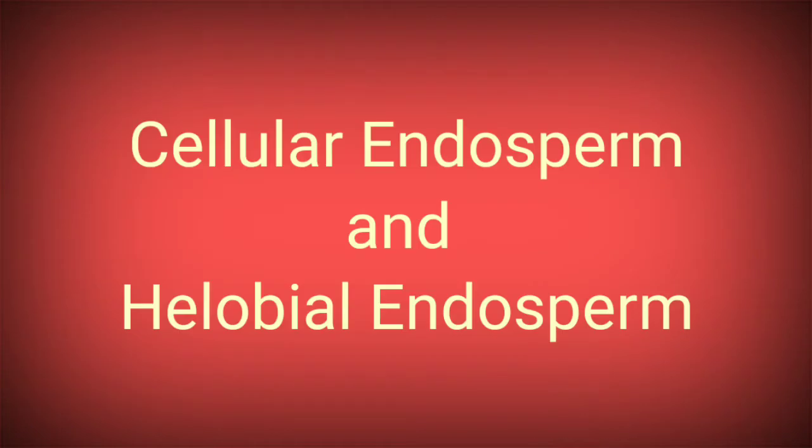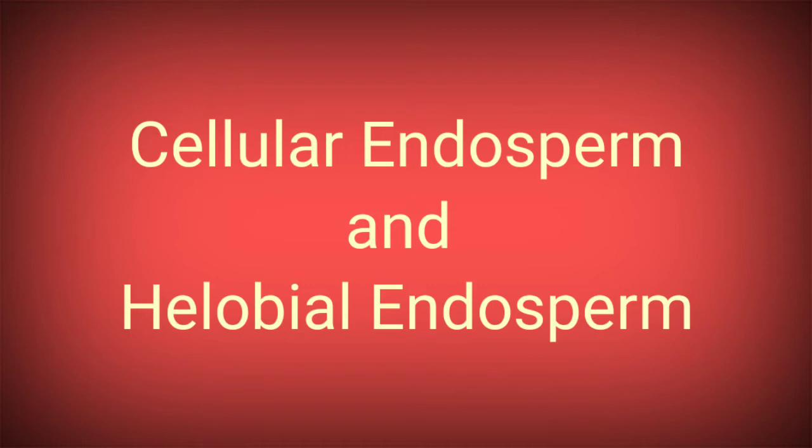There are some other developments also. These are cellular endosperm and helobial endosperm. Cellular endosperm is seen in plants like petunia, where the primary endosperm nucleus is directly divided by cell division and has cytokinesis.